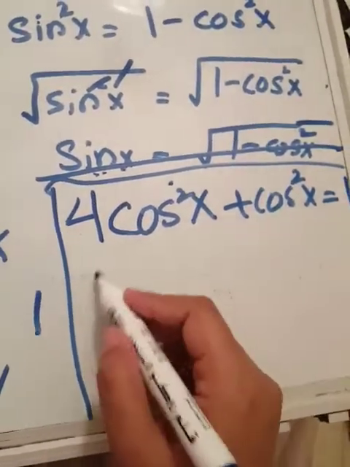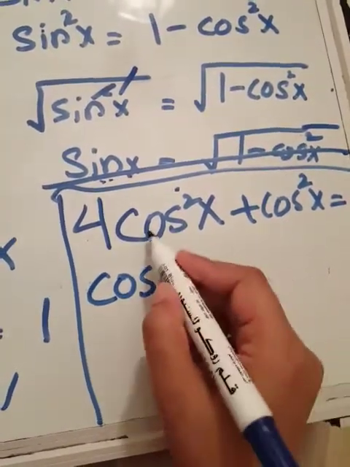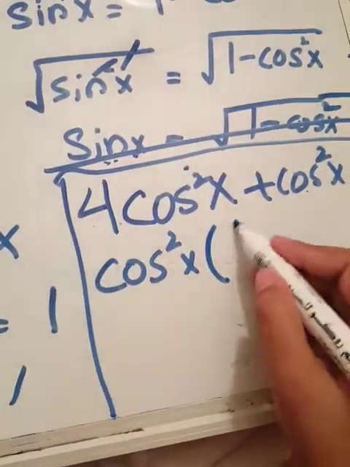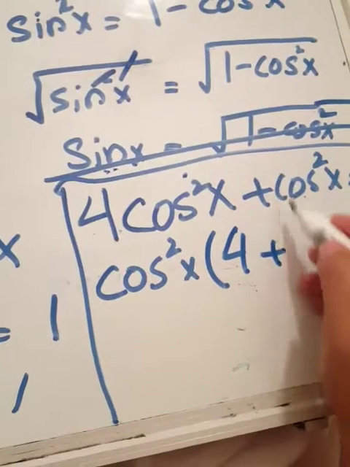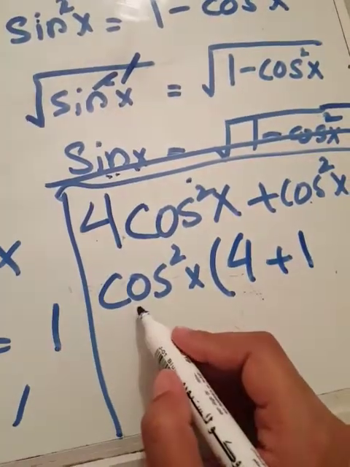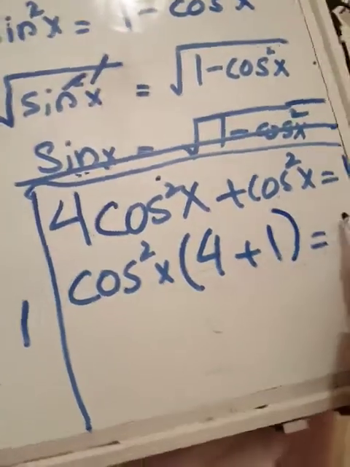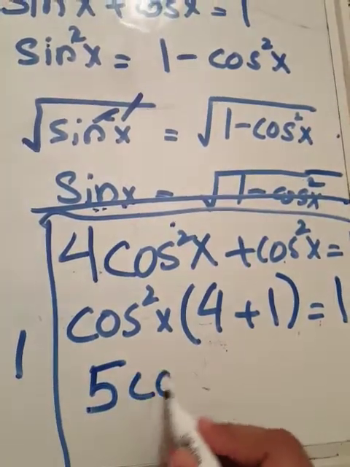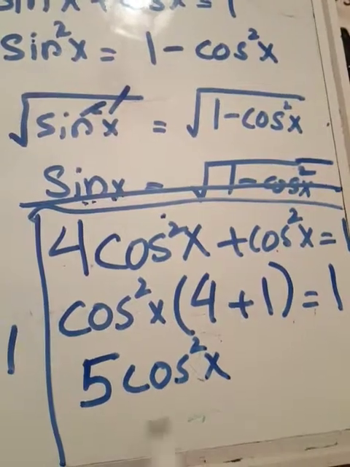Let's take cos square x as common because cos square x is here and cos square x is here. So I can write 4 plus 1, because I have taken this thing as common outside, equals 1. So can I write it as 5 cos square x equals 1?